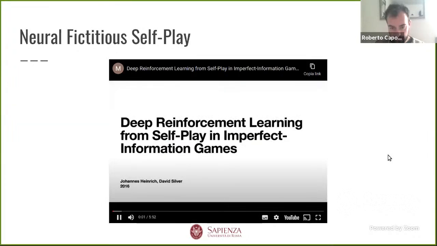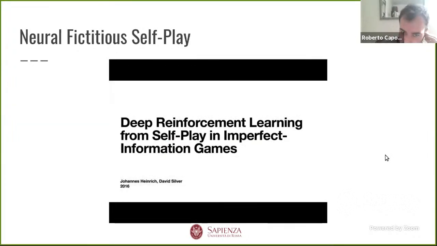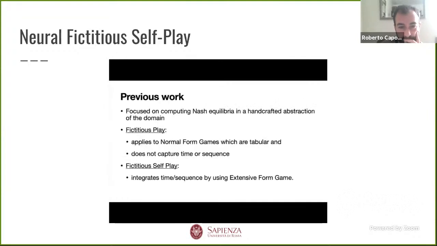I'm going to present the paper Deep Reinforcement Learning from Self-Play in Imperfect Information Games from 2016, which focused on two-player zero-sum poker games. First, I want to start with some previous work. Previous approaches relied highly on human expert knowledge and used heuristic card strings to abstract the game into a tractable size.